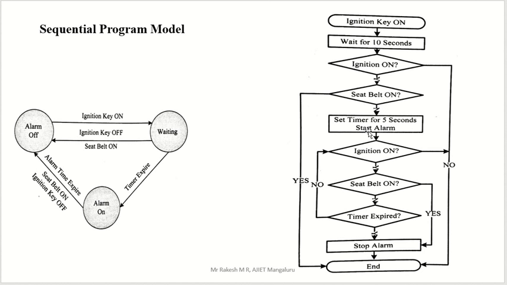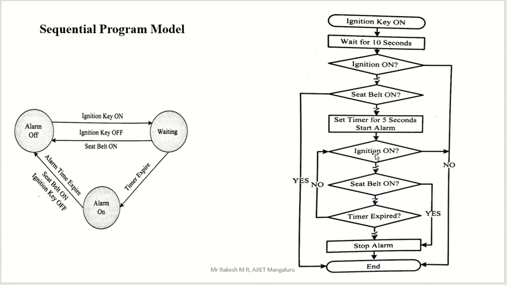After 5 seconds only the alarm will start. Here, set the timer for 5 seconds, then start the alarm. Now the alarm has started. Now it goes to the next step: is the ignition on now?